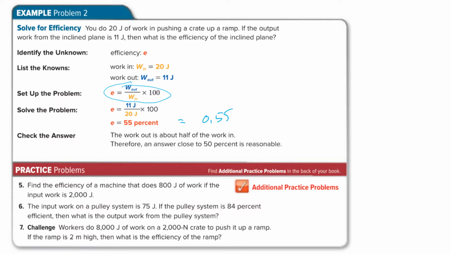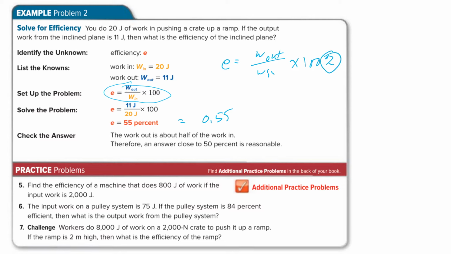So you do 20 joules of work in pushing a crate up a ramp. If the output work from the inclined plane is 11 joules, what is the efficiency of the inclined plane? So again, efficiency is equal to work out divided by work in. And I always say 100% instead of just 100, so that way you know this is where your unit comes from right here.